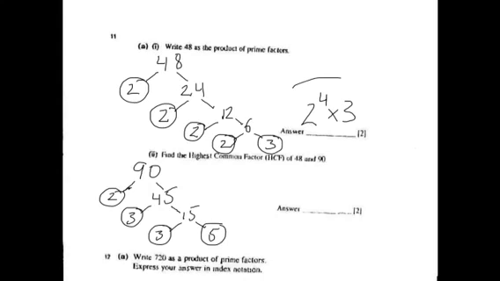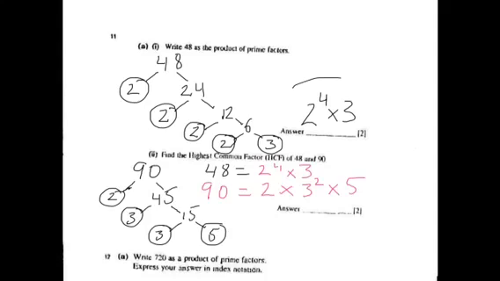Okay, so I've now got that 48 was 2 to the power of 4 times 3. 90 was 2 times 3 squared times 5.